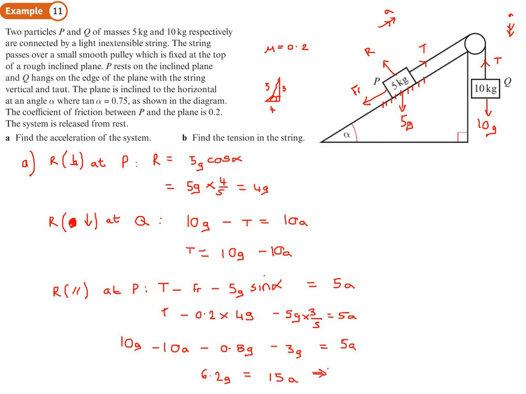So I can therefore say that a is equal to 6.2g over 15. And then if I pop that into my calculator, that gives me 4.1 meters per second squared, and that's to 2 sig figs, sorry. Okay, so that's part A.